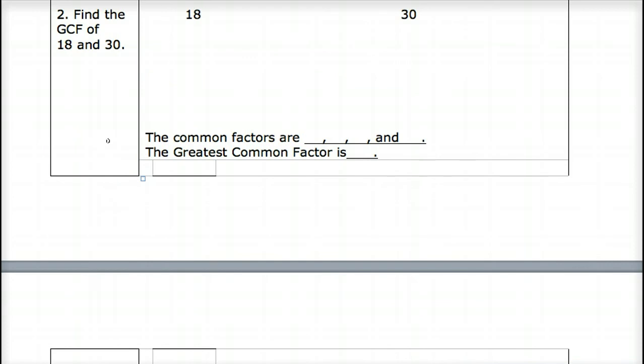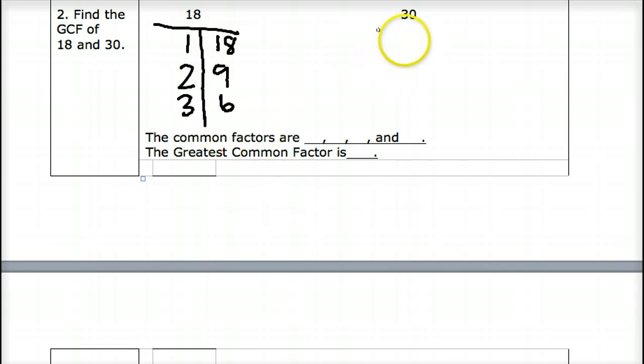We know that the first thing that we are going to do is go ahead and make a T-chart again. So under the 18, I've made my chart. And we always start with 1 times the number itself. So we know that 1 times 18 gives us 18. We know that 2 times 9 gives us 18. And we know that 3 times 6 gives us 18.